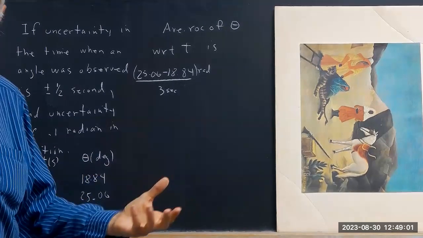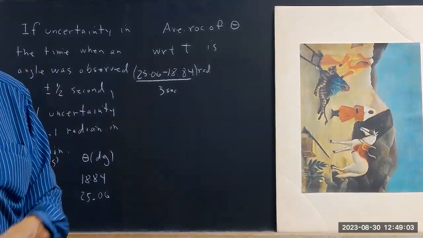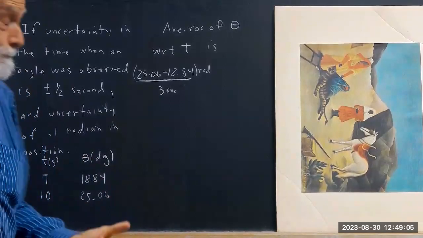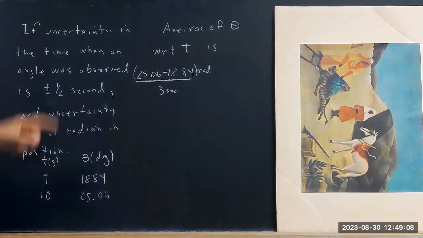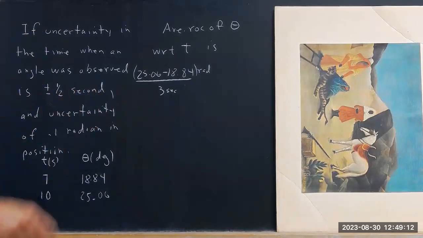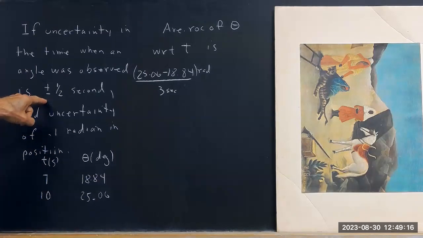Talking about significant figures, really what we're talking about is uncertainty. Let's say we have uncertainty in time when an angle of the rotating beam was observed, plus or minus a half second.